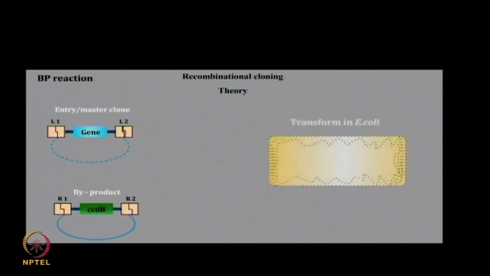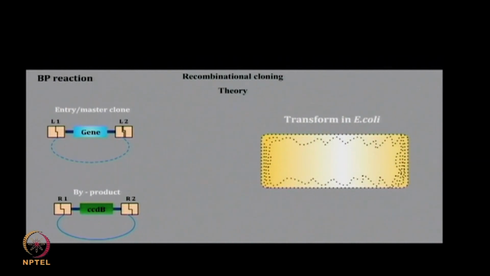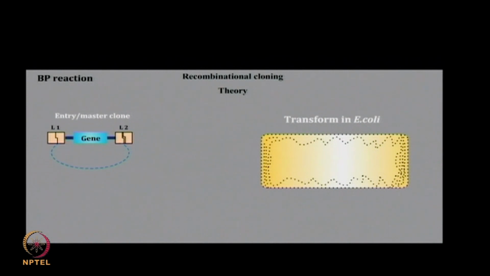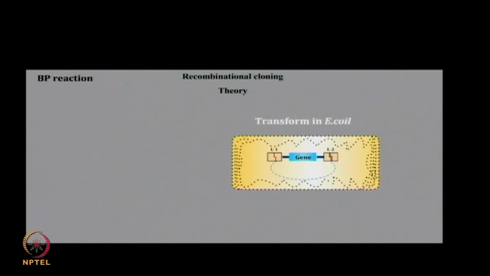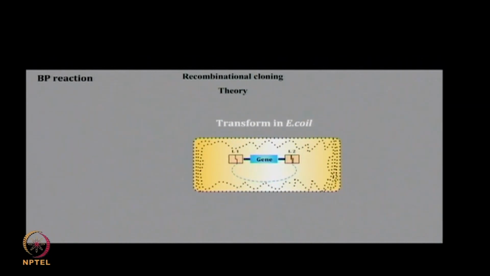Once this master clone flanked by the att L site is produced, it can then be transferred into any destination vector to produce an expression clone for a specific desired application.